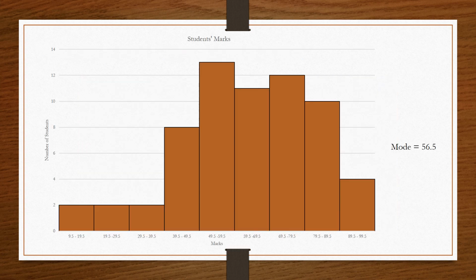Here I have my histogram. You can see the bounds here, the boundaries. This is 9.5 to 19.5, 19.5 to 29.5, and so on. But this is not the best way to put the bounds. The best way is to put the bounds on the boundaries.